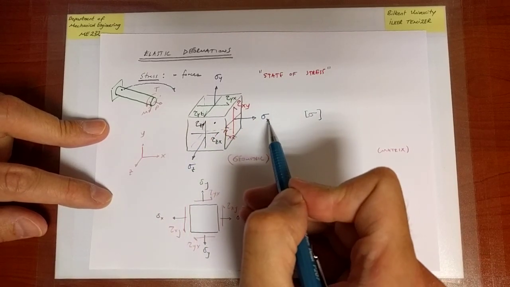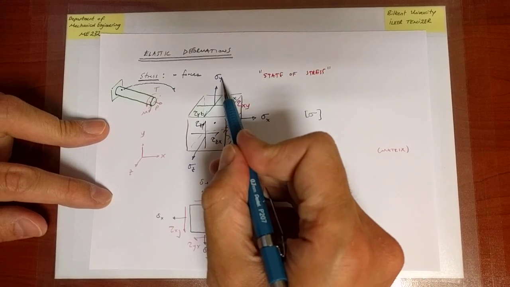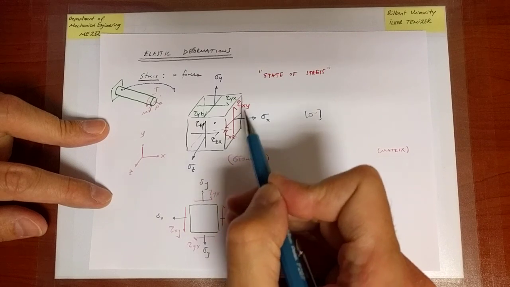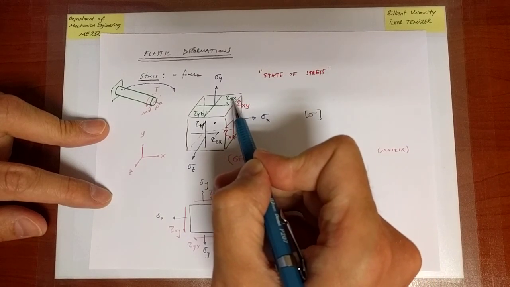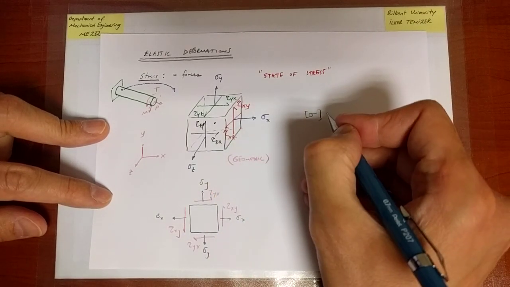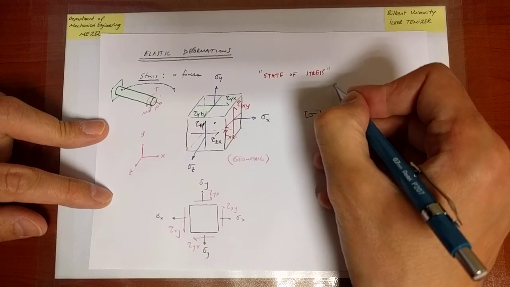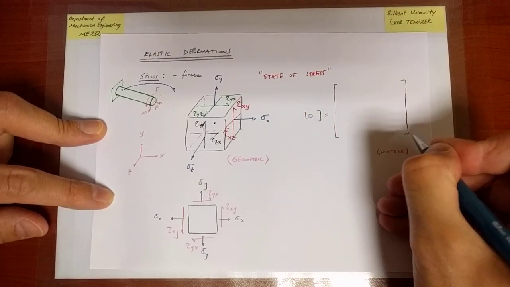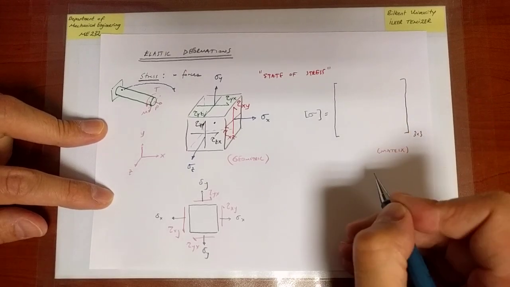If I think of the index x as being 1, y, 2, z, 3, I see components like 1, 3, 1, 2, 2, 1, etc. So these naturally look like components of a matrix to me, and this is going to be a 3 by 3 matrix.